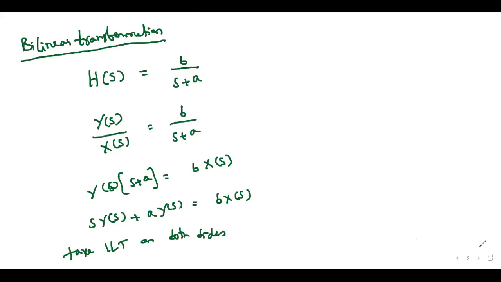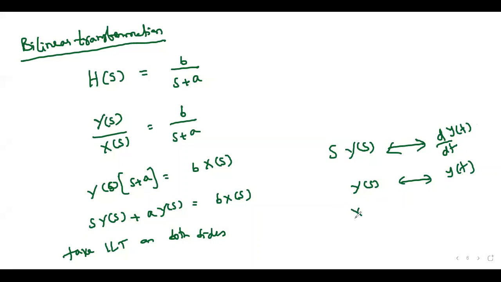s into Y(s), how can I write it? Sirisha, what is the inverse Laplace transform of s into Y(s)? s into Y(s) is transformed to d by dt of y(t). Then Y(s), a is a constant, so Y(s) is transformed to y(t), and X(s) is transformed to x(t), right?